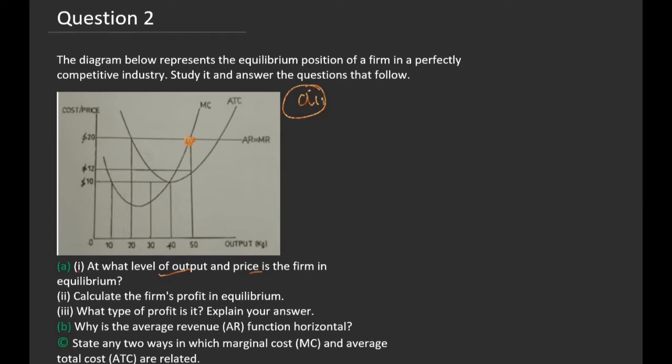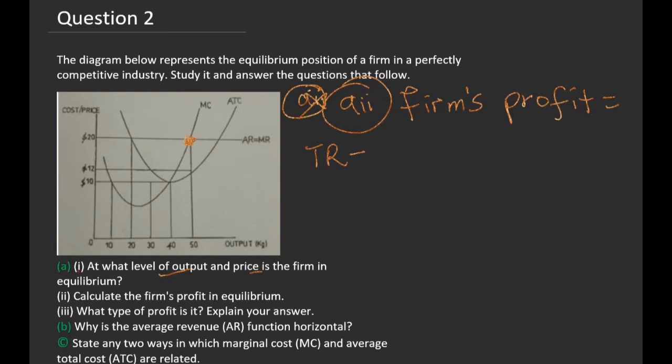Okay, A(ii). Calculate the firm's profit in equilibrium. Firm's profit is equal to total revenue minus total cost.